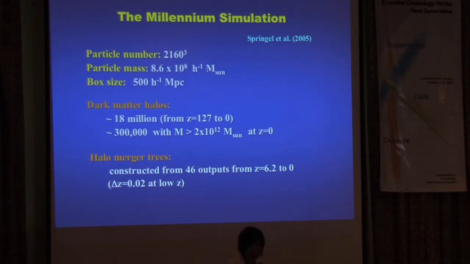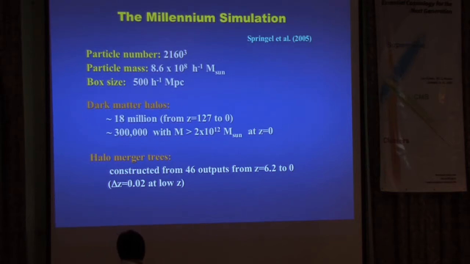There we use the Millennium simulation, which you will hear more about later from Carlos and Simon. I just want to briefly review the numbers that went into the Millennium. It has many, many particles, and the particle mass is approximately 10 to the 9th solar masses in a very large box. I want to focus on the halos in this simulation.